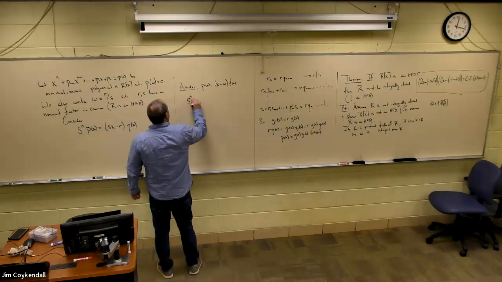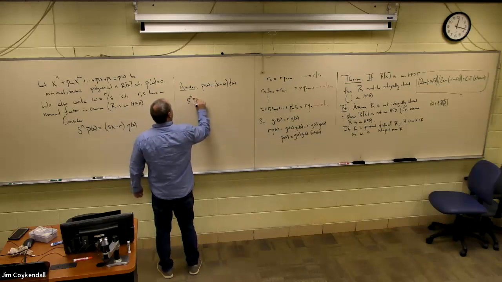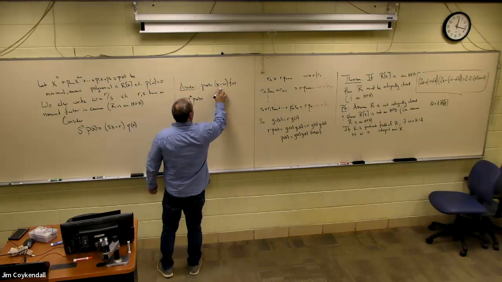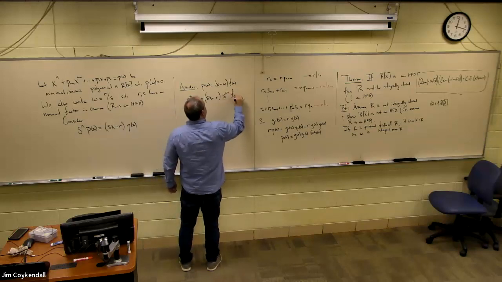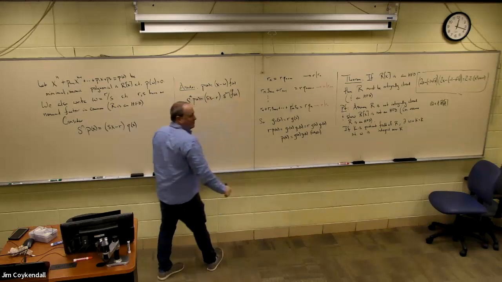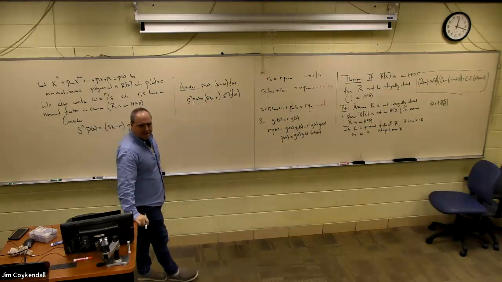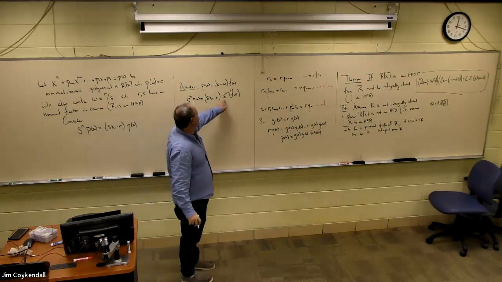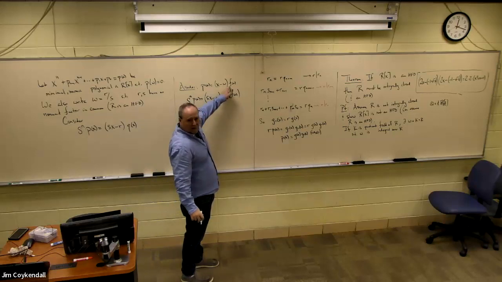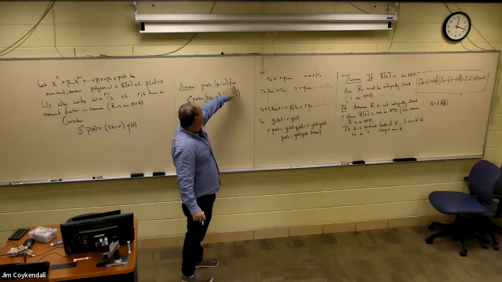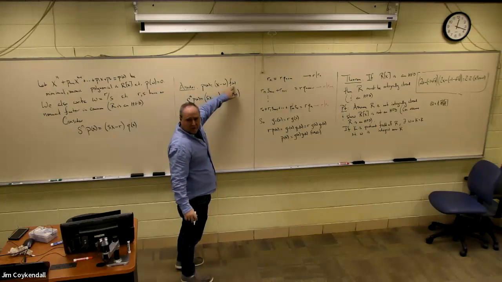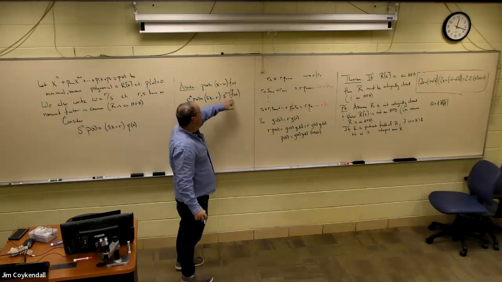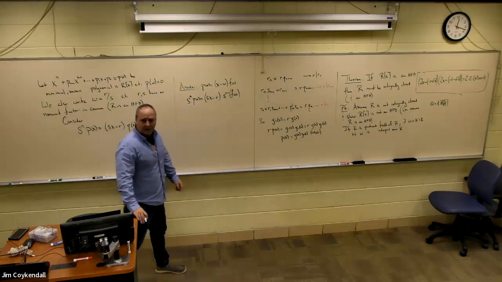So s^n P of X, take one of your s's and put it here, and then take the other n minus one. And notice that the n minus one factor, whatever this is, when I pull this x minus omega out, the degree of this is n, so the biggest number of factors of s in the bottom that you can have here is n minus one. So this sort of renormalizes it. Everybody okay with that?